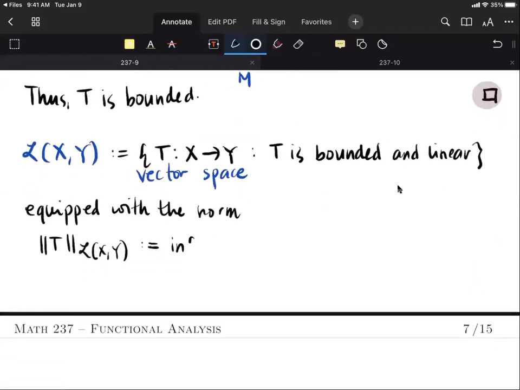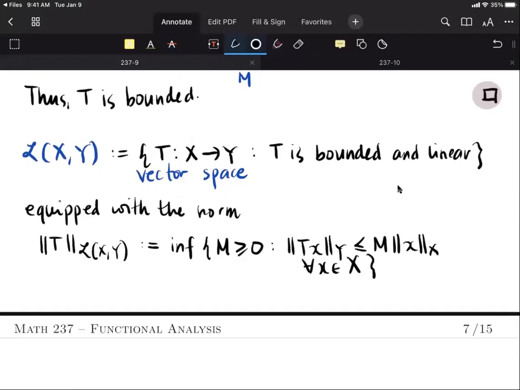So this is the infimum over all bounds M such that this inequality, that is the norm of the image, is majorized by the bound M times the norm of x for any x in capital X. So here we are already claiming that this is a norm. In fact, you can prove this immediately using the definitions or the properties of a norm. And I will leave the details for you to verify.